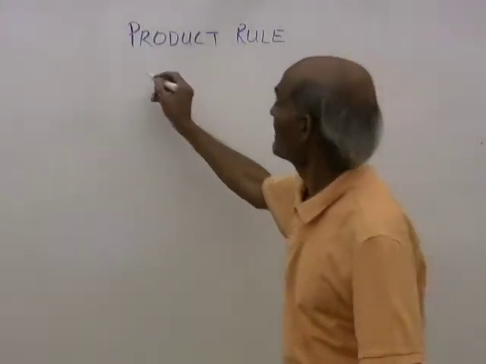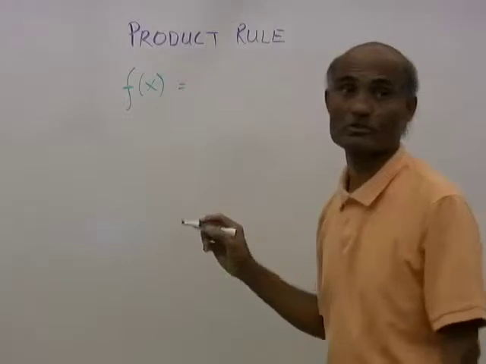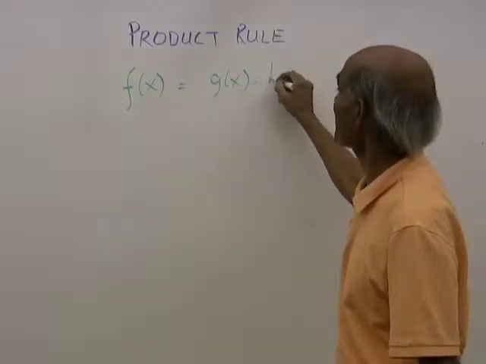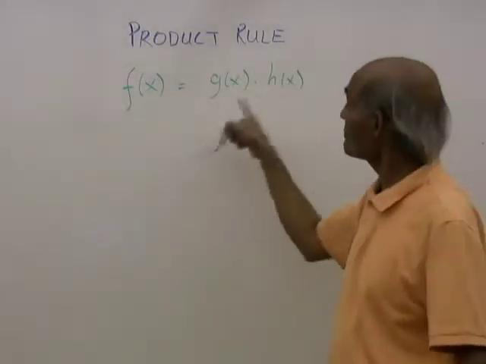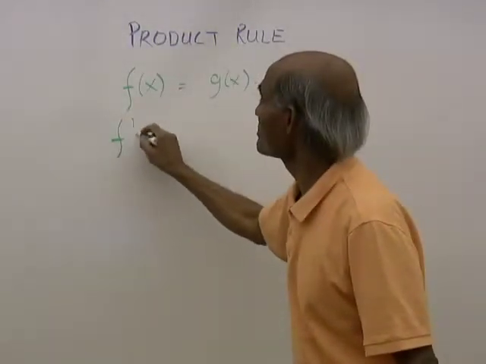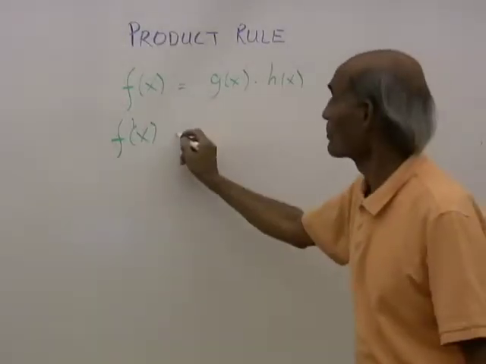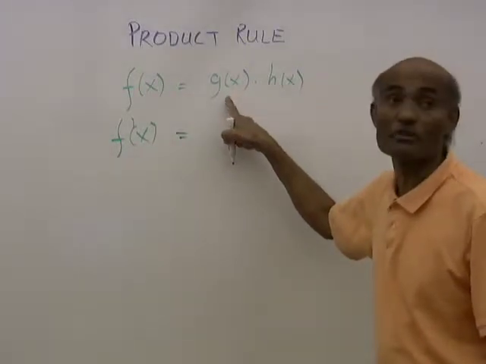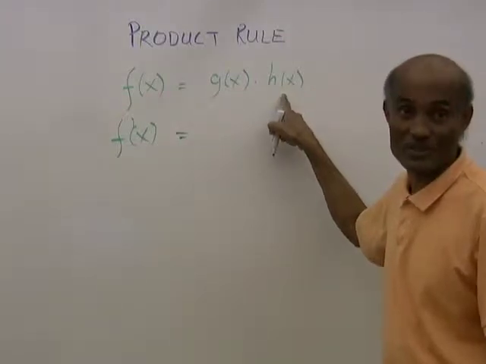What does that mean? Suppose you have a function f of x equal to, say, g of x multiplied by h of x. Well, each of these is a function of x. Then what is the derivative of f of x? What is f prime of x? The rule says, write down the first function, multiply it with the derivative of the second function.